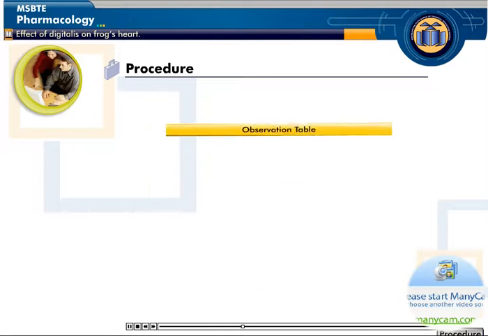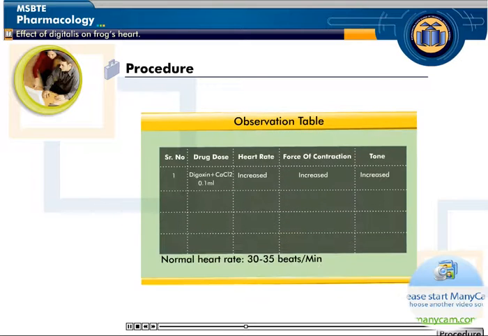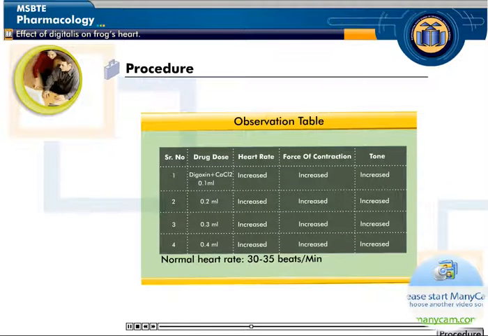Repeat the same with 0.2, 0.3 and 0.4 ml each of digoxin and calcium chloride solutions. You will notice a further increase in the cardiac activity.